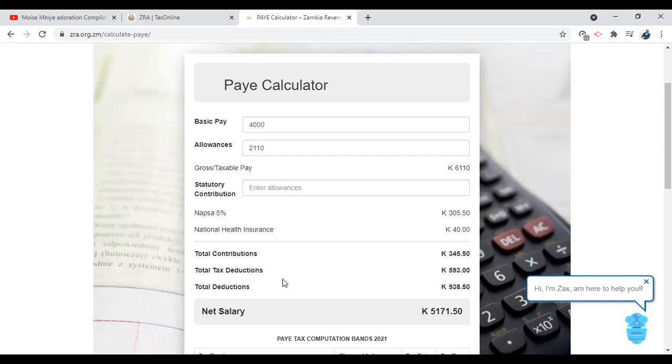So what you are going to get yourself as you are preparing the return is this aspect, meaning that this person here is supposed to pay 593 kwacha as the tax. So that is the information which you take to where we are saying tax deducted. So you put that information there.